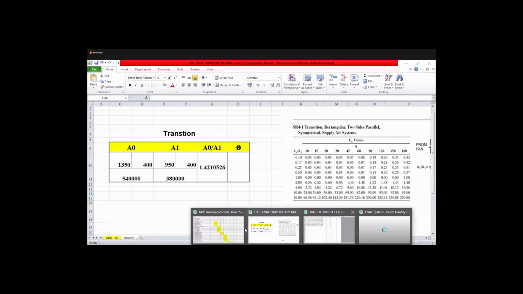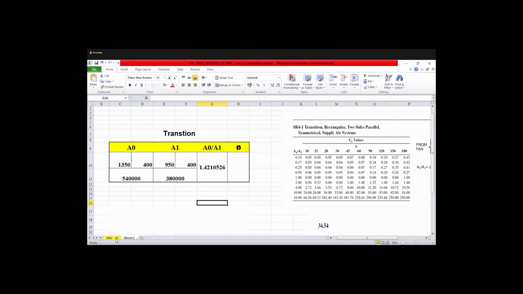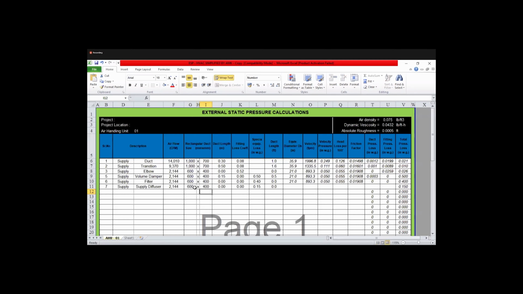So we have to mention in our sheet 1.52. Here is the loss, so we have to mention a fitting coefficient loss. This is 0.08 standard, but we have to mention as per our 1.52. So this we have mentioned.